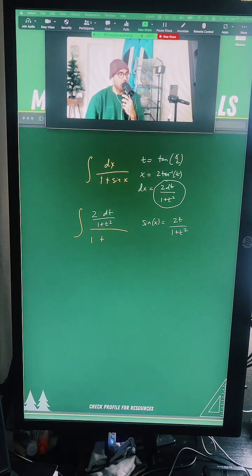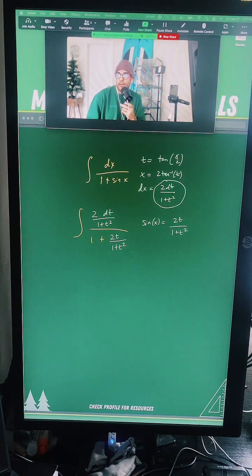So that's exactly what we're going to put in for the sine. So that is going to become 2t over 1 plus t squared. All right, so let's go ahead and start simplifying this. It's kind of nice because we can get rid of that denominator that we have on both the top and the bottom.